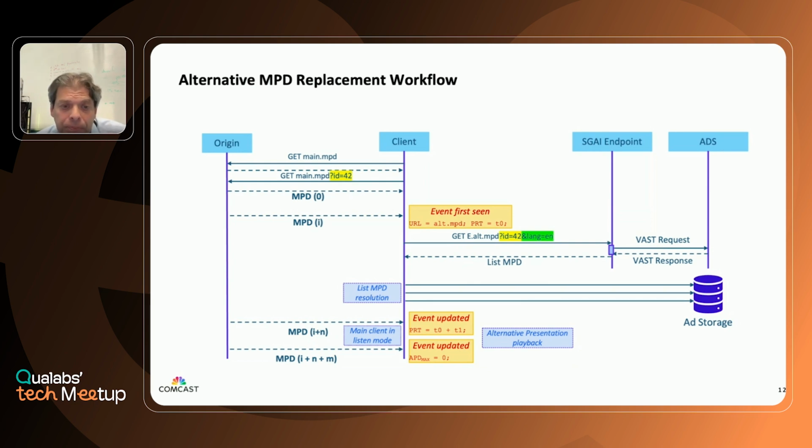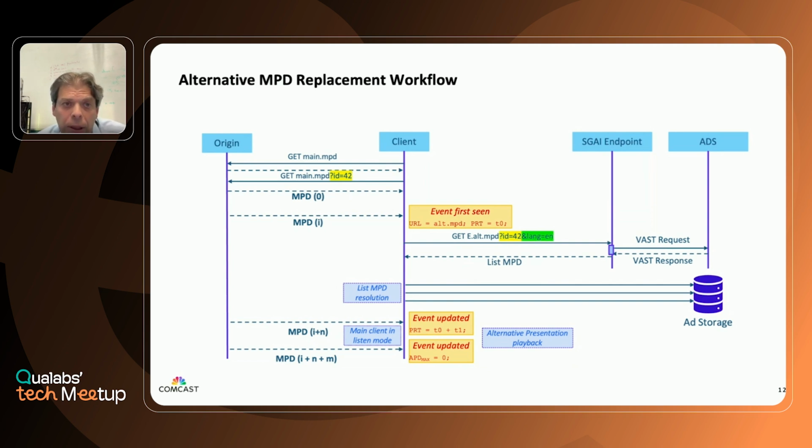In the meanwhile, we can have an event update that tells us actually PRT is slightly different. It's now T0 plus T1, and we're reaching PRT of T0 plus T1, and we start playing the alternative presentation.